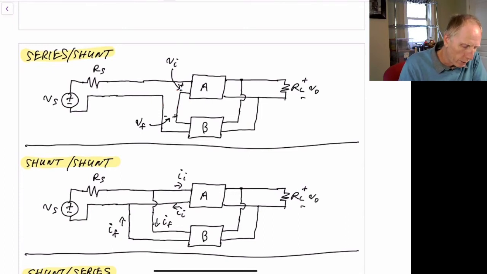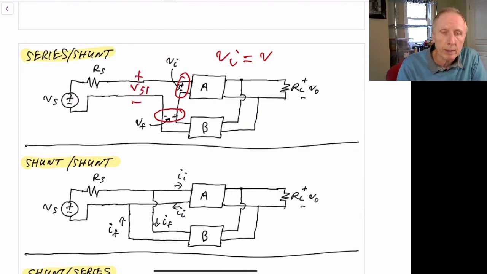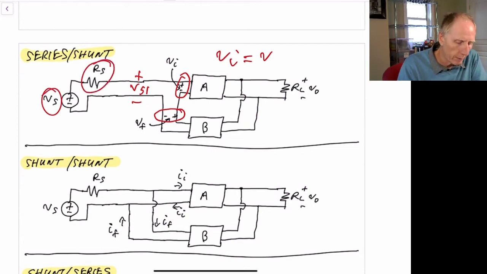So if we look at the voltage here and call that V sub F, the feedback voltage, and we call this here the error voltage, we can see that this error voltage V sub I will equal V sub S1, call this voltage here V sub S1, because it may not be exactly the same as V sub S over here, because we do have a source resistance over here. So V sub I will be V sub S1 minus V sub F.